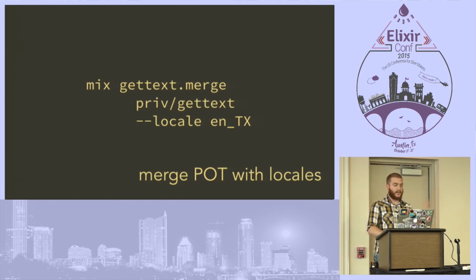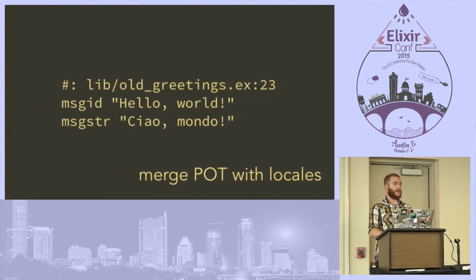The first time you run it, it just creates a PO file for each POT file in that locale. And they're all still empty, right? Because Gettext doesn't know the translations for the strings in the POT file, so the translator goes in and fills the translations in the PO file.